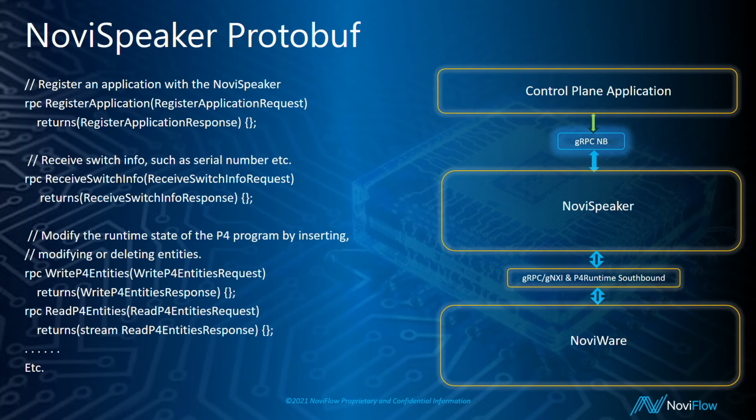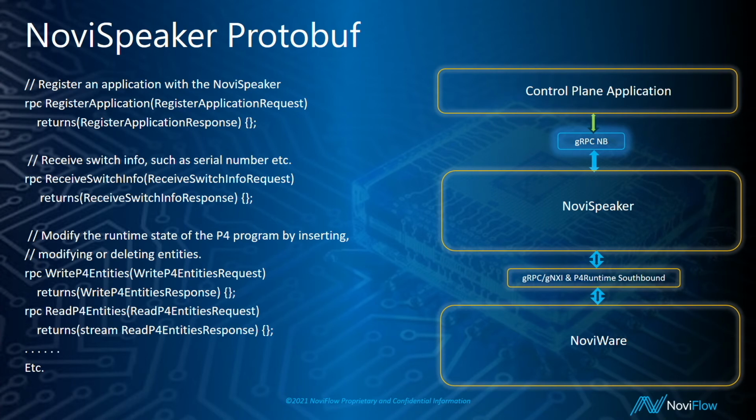Okay, let's move to the next slide, which is more about this protobuf file for the northbound interface of NoviSpeaker. So I would like to talk a little bit about this northbound gRPC interface and how we use this protobuf file.